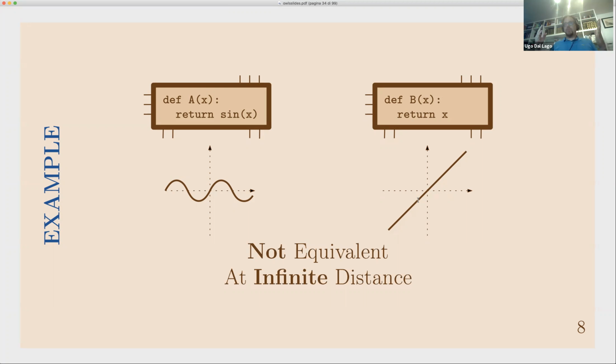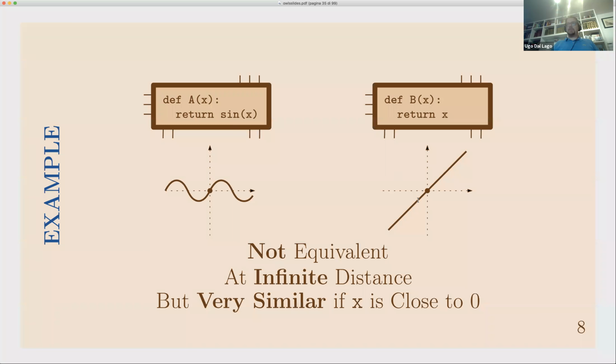Even if you compare these two programs by way of metrics, they are at a positive distance, but they are very similar when the argument, so the real number that you feed A and B with, is close to zero. So it is a value which is very close to zero. Not only do the two functions have the same value where x is equal to zero, but they also have the same derivative. So they behave very similarly.